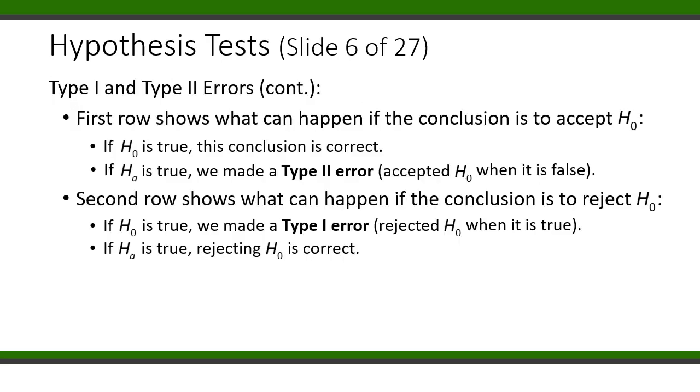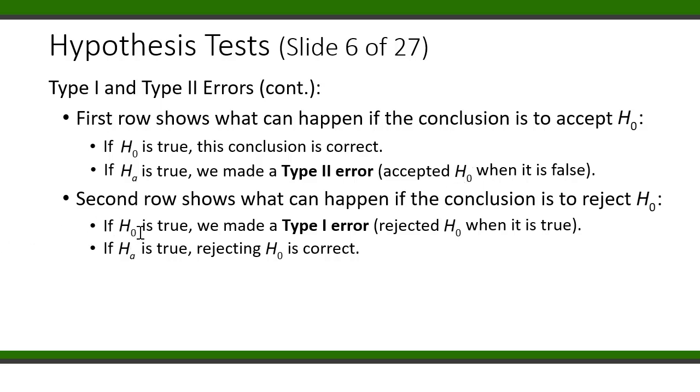So putting that more for you to remember. So if we look at that, if the null hypothesis is true, the conclusion is correct. If the alternative is true, we made a type 2 error if we accepted the null hypothesis.